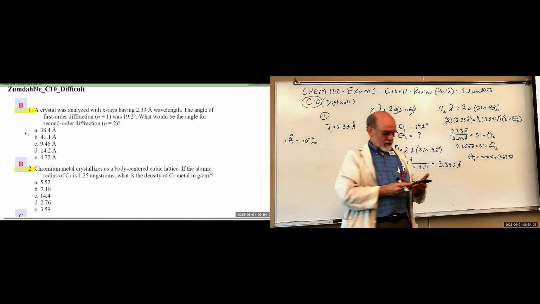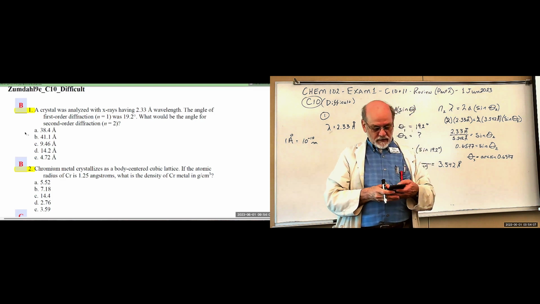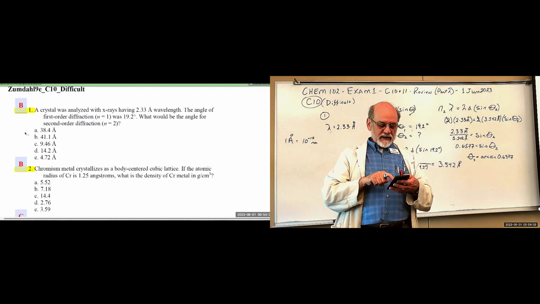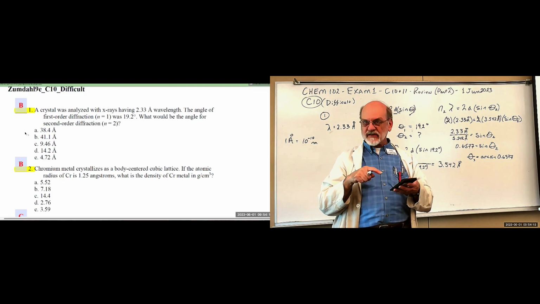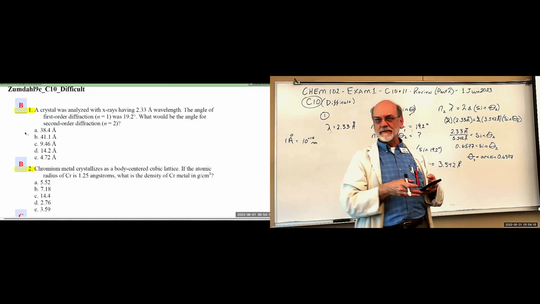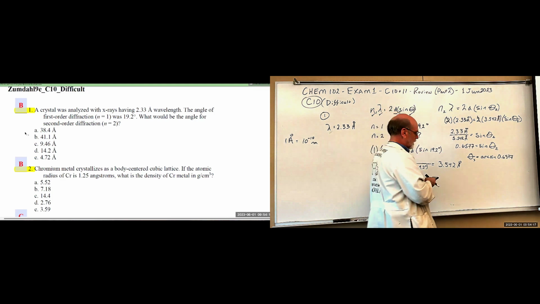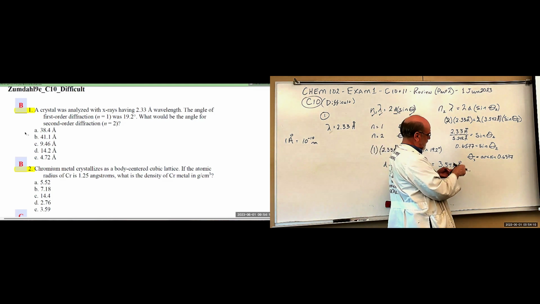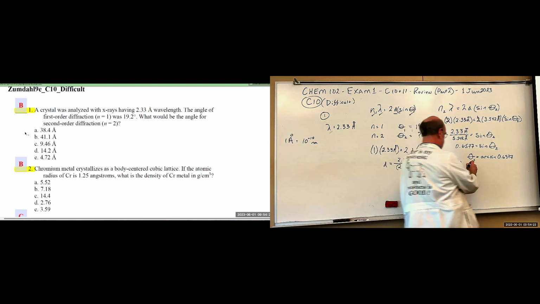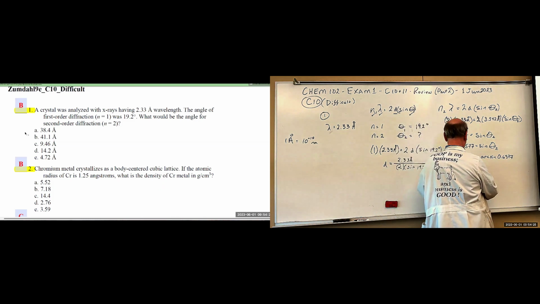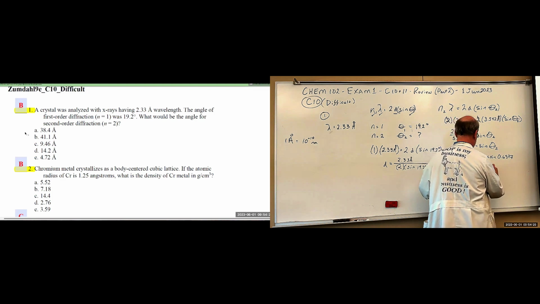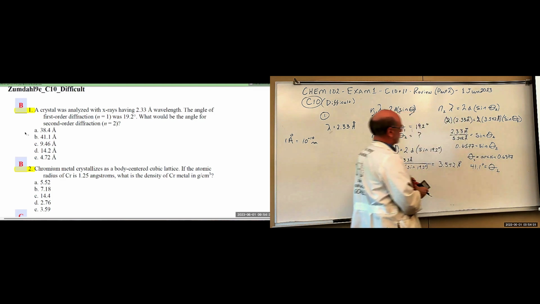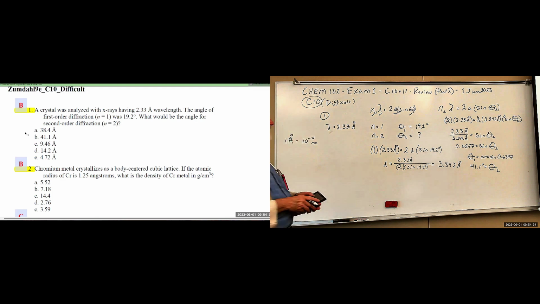On your calculator, that is probably a shift above the sine key. On mine it says sine inverse, arc sine. So 0.6577 is already in my calculator, so I'm just going to hit that key. And that gives me 41.1 degrees equals theta 2. Okay, so that answers B.